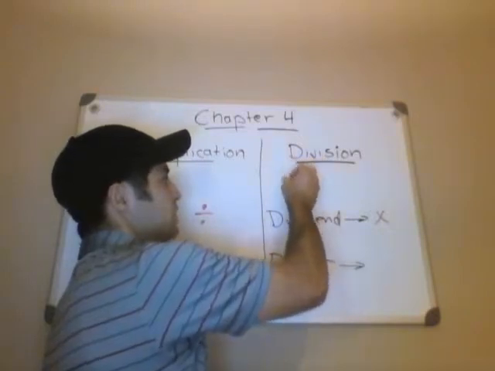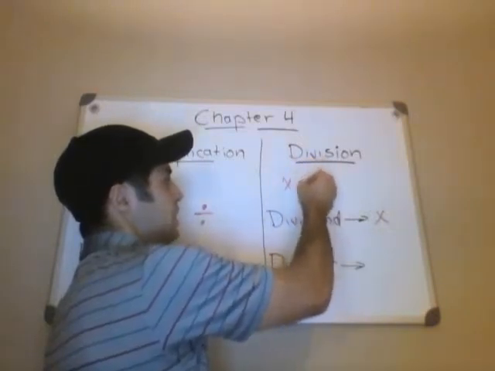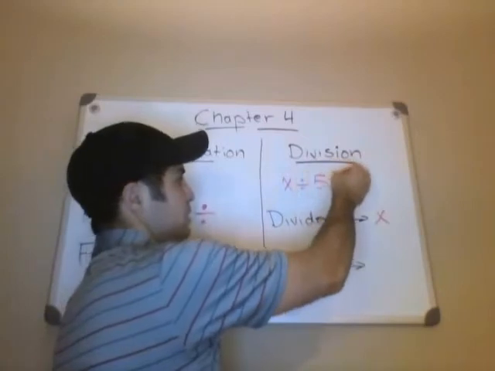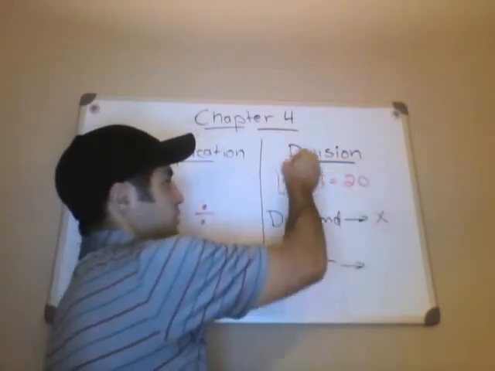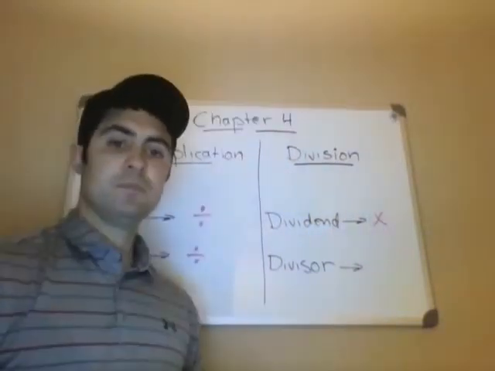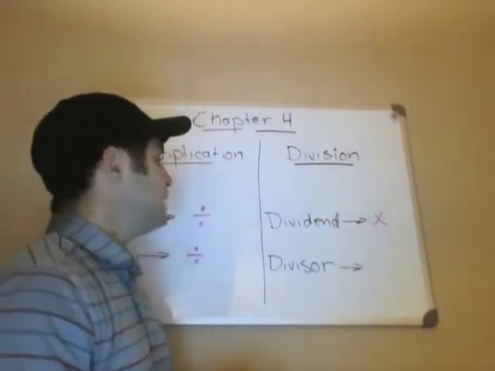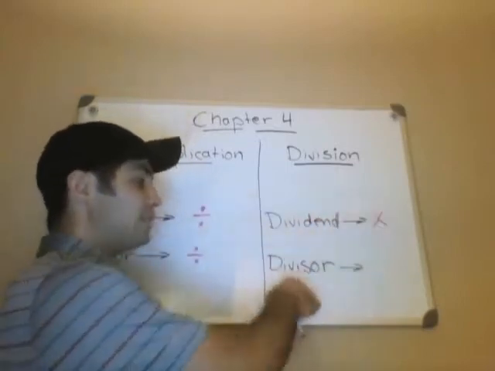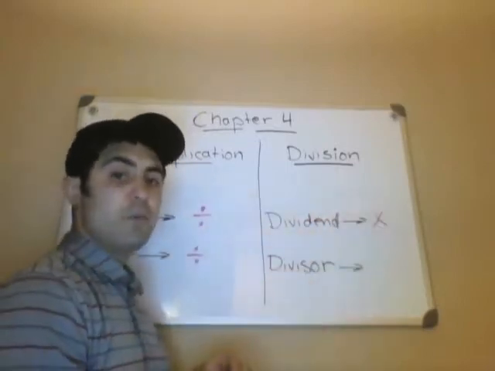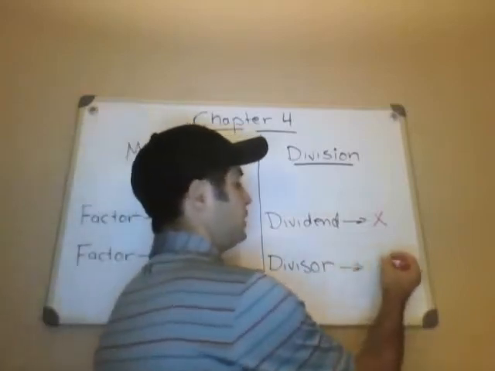So if you have x divided by 5 equals 20, this number would be the dividend. So if you had a dividend missing, you would multiply. The divisor is a little bit different. For the divisor, you would divide.